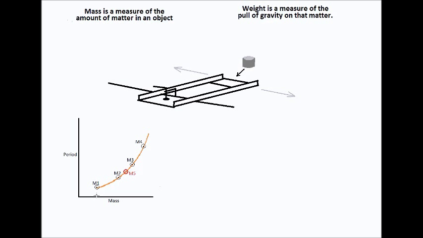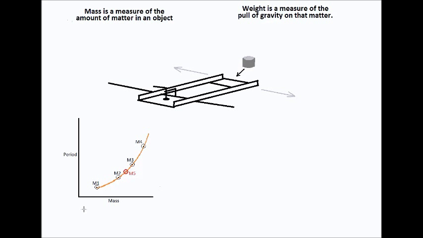So at this mass, this was the period of oscillation. For the second mass, that was the period of oscillation, and so on. So we have 1, 2, 3, 4 different known masses and corresponding periods of oscillation for each mass, and we plot that on a graph.